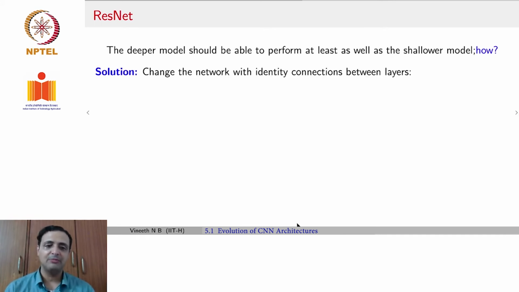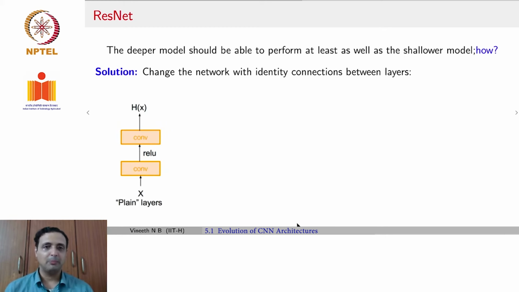The idea they came up with was to introduce what are known as residual blocks, which are connected to each other through identity connections or identity matrix. What does that mean? In the original CNN, you have an X. It goes through a few layers such as conv layer, then a ReLU, then a conv layer, and it gets transformed over those layers and becomes a certain H of X. This could be one portion of a neural network, for instance.